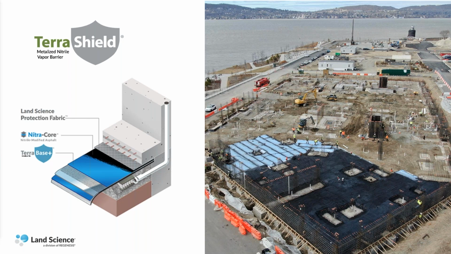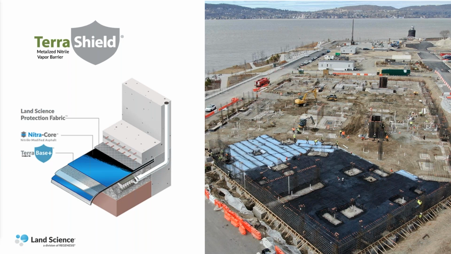TerraShield offers the highest level of protection in the industry, and this has been installed and really is intended for moderate to high risk vapor intrusion sites requiring maximum protection from VI or liability exposure. We often see this technology specified for either institutional or residential applications, whether that be daycares, senior living communities, residential developments, hospitals, schools.